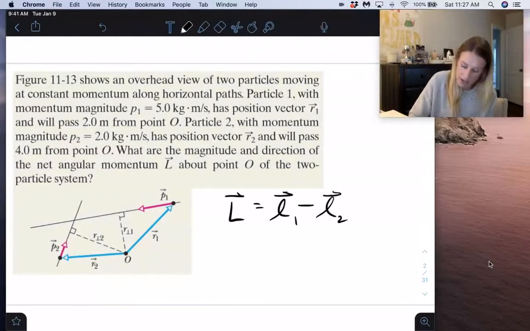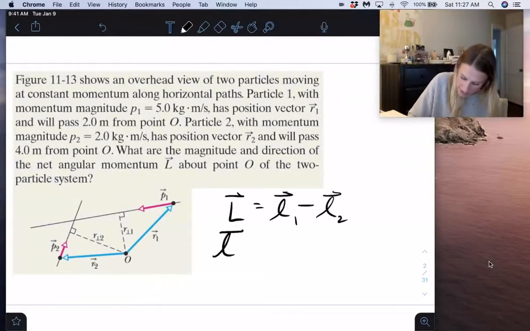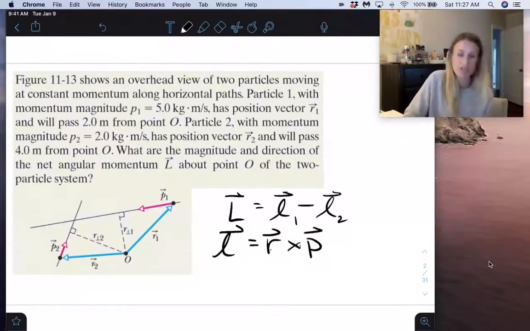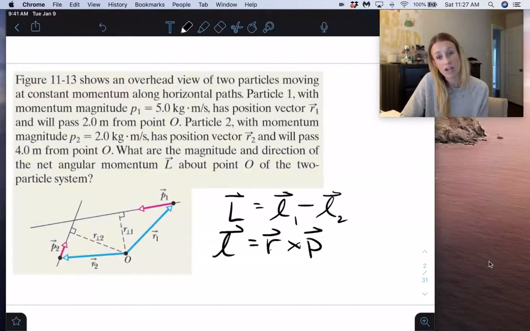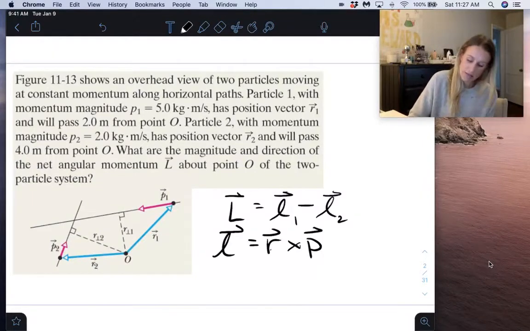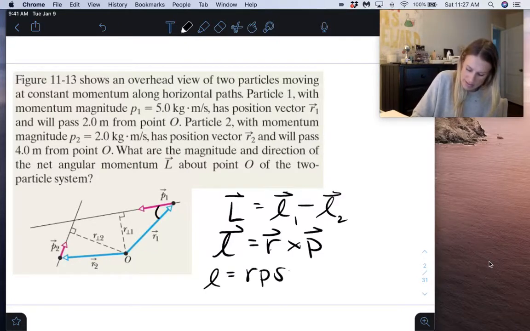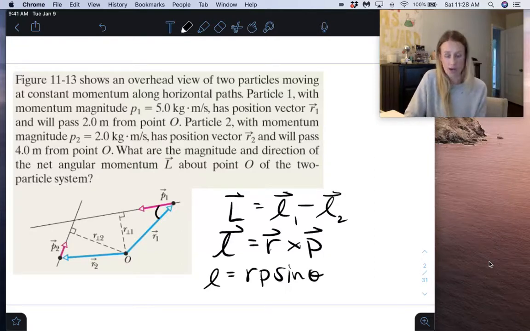Now this equation for angular momentum, we know that's going to be equal to R cross P, our position vector crossed with, the cross product, right, our linear momentum vector. Here they do give us linear momentum, so we don't have to use momentum equals mass times velocity. We can just use our linear momentum. Usually if they give us this angle right here, we would use L equals RP sine theta, because this is a cross product.